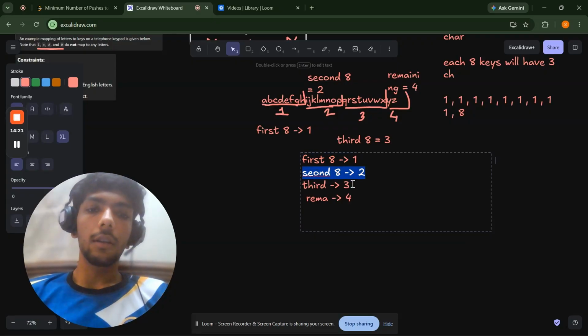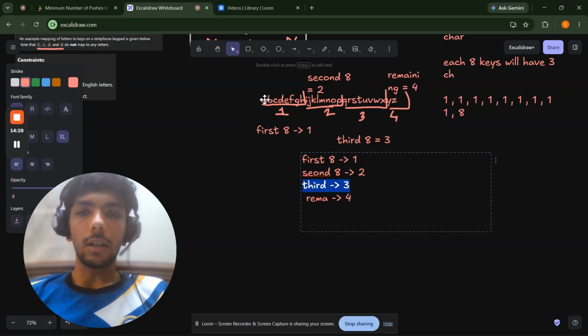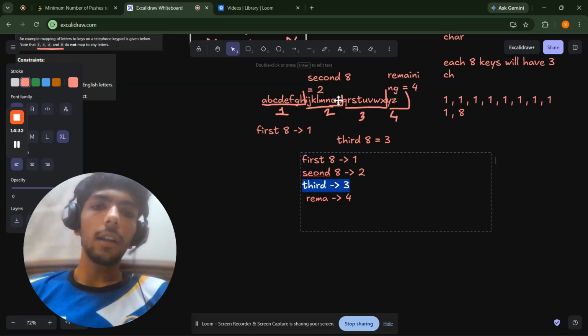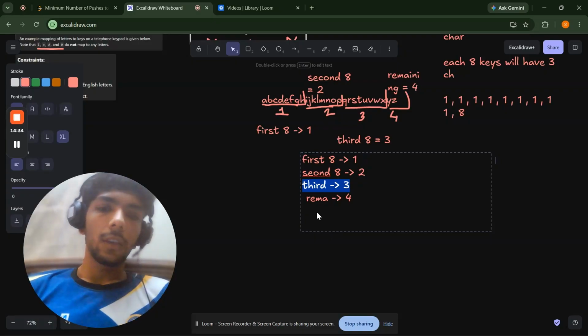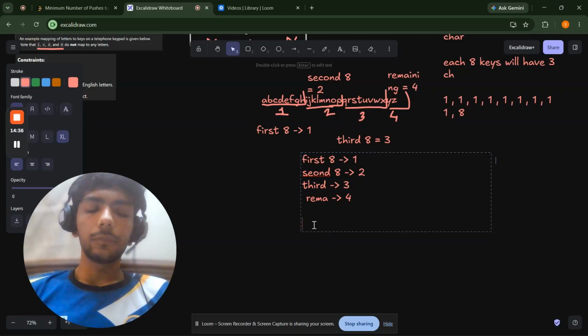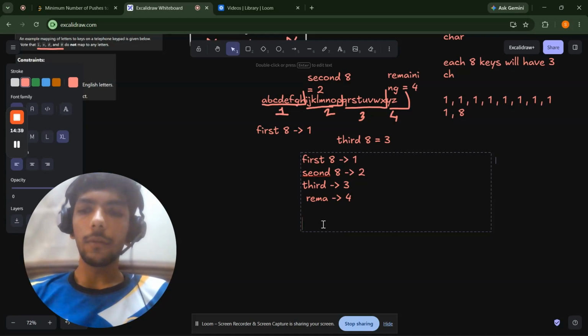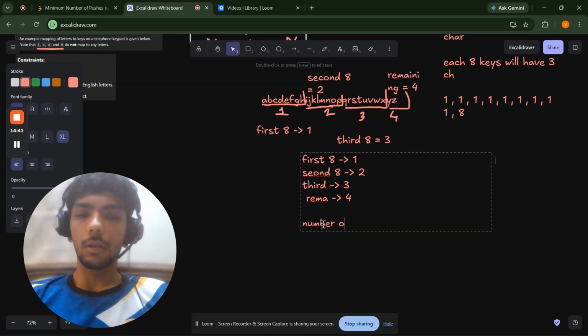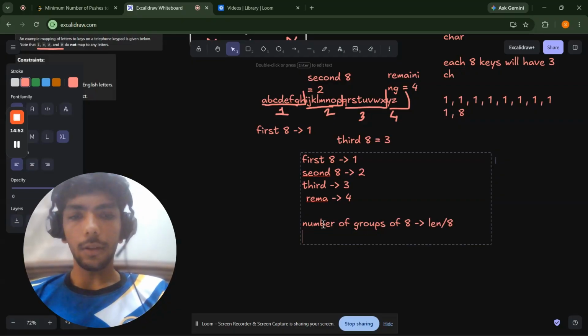After these 16 are filled, we will see how many require 3. So instead of doing that, what I'll try to do is get the number of groups, which will be nothing but length divided by 8.